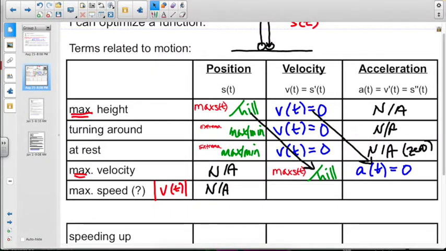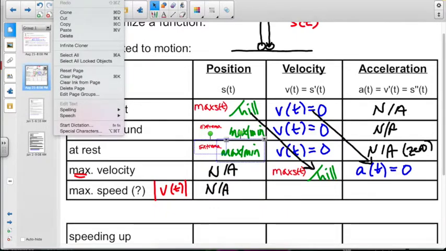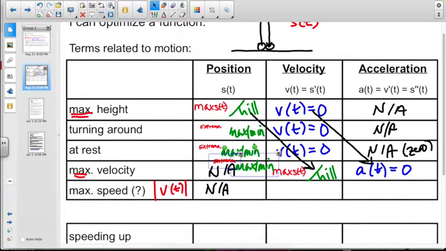So I have this scenario here. And either way, if I'm looking for either hills or valleys, what's true about the derivative of the velocity function at a hill and a valley?